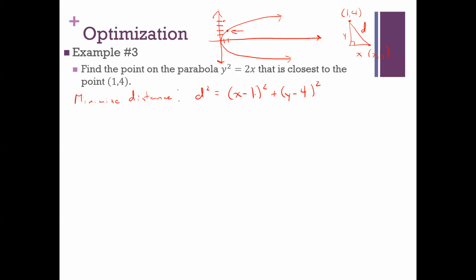If we were just trying to minimize our distance from 1, 4 with no other requirements, we could just choose the point 1, 4, right? But we need a point that's on this parabola. So then we have a good distance equation, and our constraint is going to come from the equation of the parabola. Y squared equals 2x.